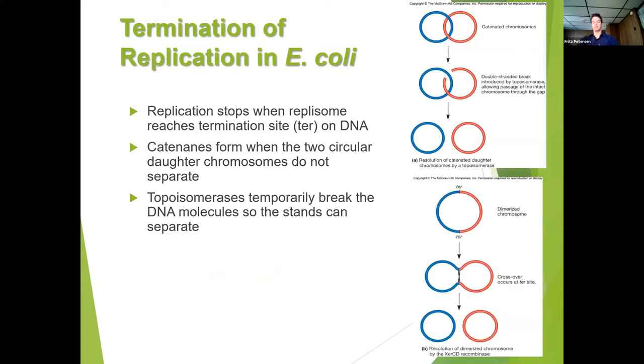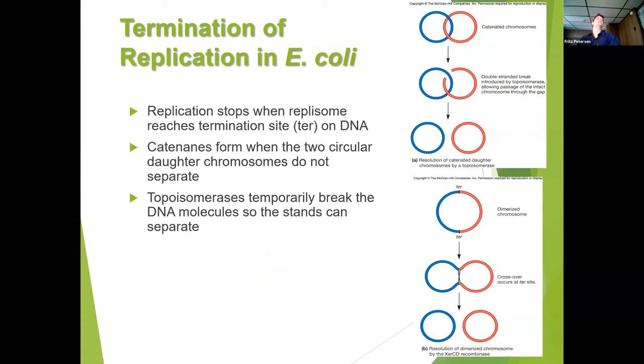So the termination of replication is important because that's obviously how this will stop. But in circular DNA, this presents a new challenge because of the structure of the circular DNA. Replication will stop when the replisome reaches a termination or TER site on the DNA, and then catenanes form when the two daughter chromosomes do not separate.